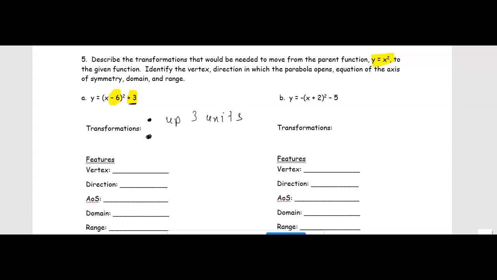All right, somebody else got the second one. What else happened to this graph? How did we move it, change it, whatever? Nora, go ahead. Say that one more time. You kind of broke up. All right, so she says it shifts left 6 units. All right, do we agree with both of those?